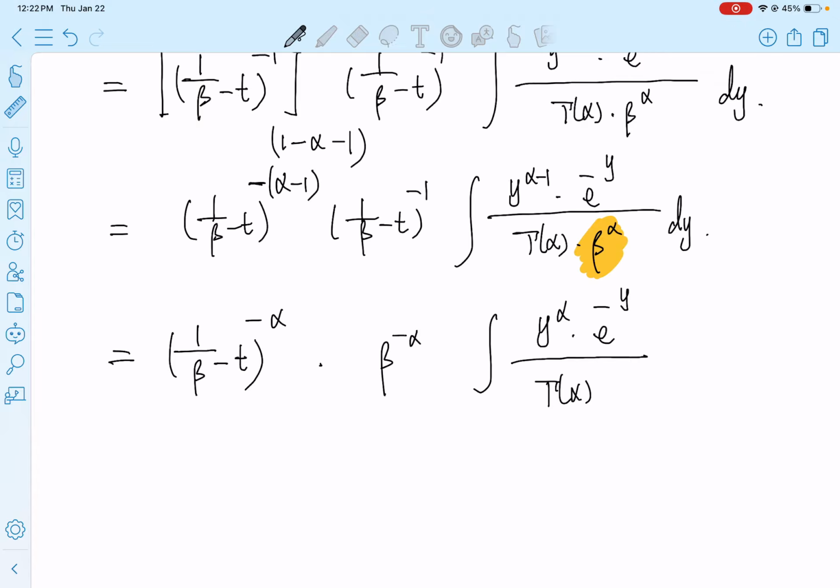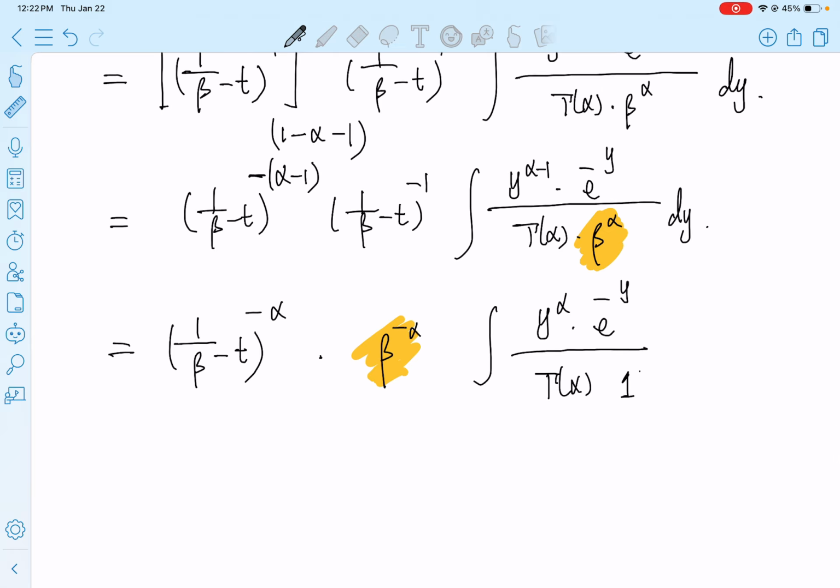Okay, but as you can see, let me just color that. I'm just moving that part to the front, but there's also kind of leaving an empty space in the denominator here. What I'm doing here is just introducing a 1 raised to the power of alpha. So 1 raised to any power of alpha will just become a 1. It's still going to be 1. So again, the quantity does not alter.